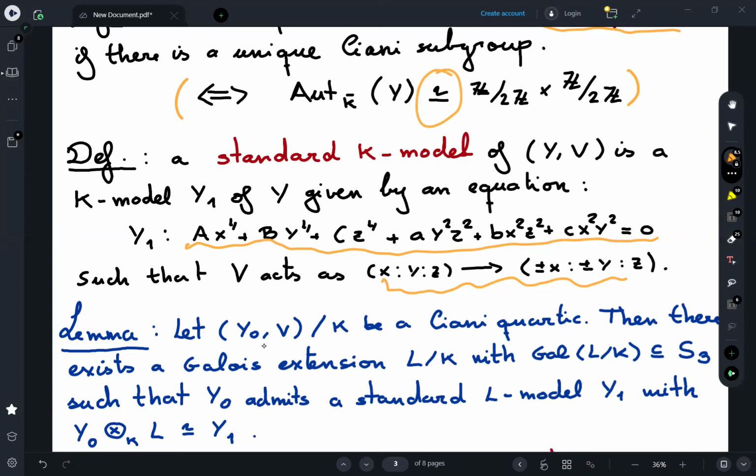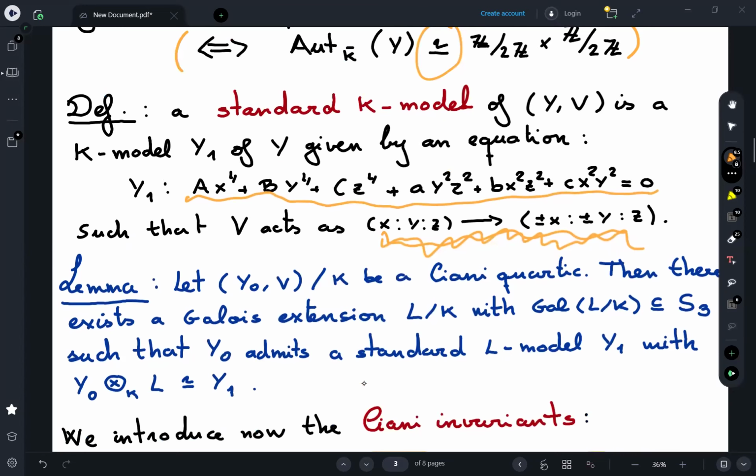The matrices that allow you to diagonalize the automorphisms, that means to put them in the shape that we described here of the automorphisms for the standard model, that transformation gives you precisely the equation of the curve, a standard model, and they give you the field L that corresponds to the field of definition of the ramification and of the elements in V, the single elements in the subgroup that you choose.